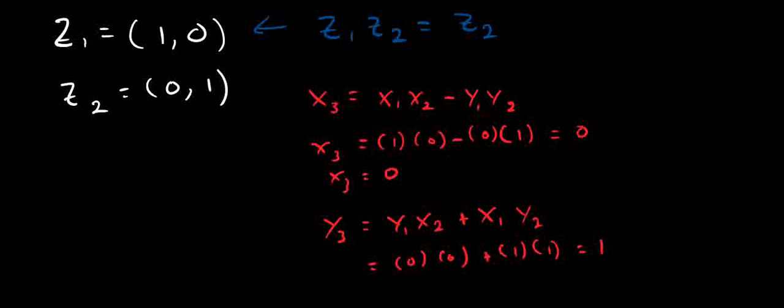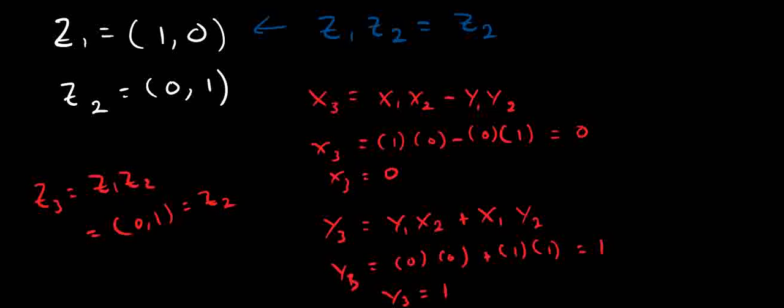This equals 1, so y3 is equal to 1. And so our z3, which is equal to z1 times z2, is equal to 0, 1, which is equal to z2, exactly what we expected.